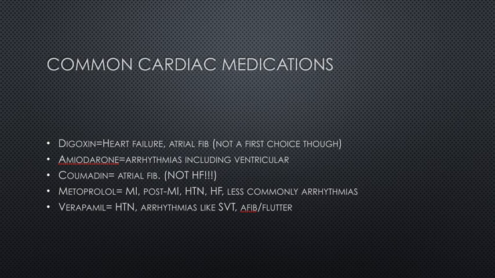Then we've got metoprolol, which is used for heart attacks, after heart attacks, hypertension, heart failure, and then less commonly it can be used as an antiarrhythmic. And then the last on the slide, verapamil. Verapamil is useful for hypertension, arrhythmias like supraventricular tachycardia, which means atrial fib and atrial flutter.